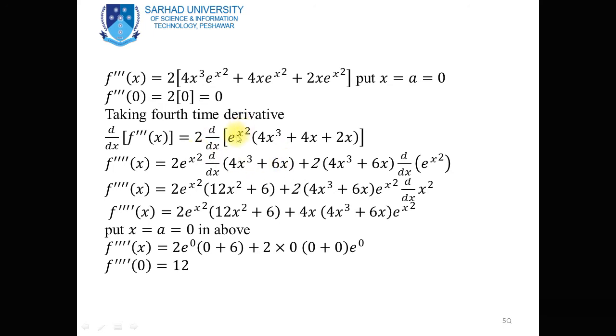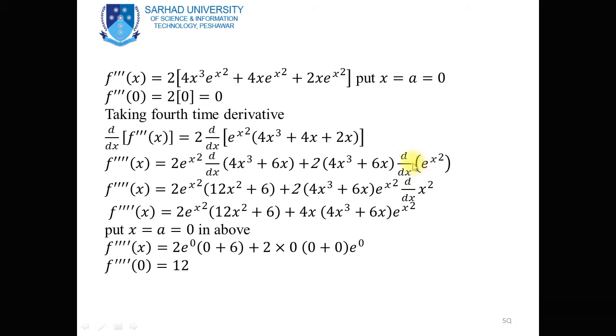So e power x square as it is, and taking the derivative of the second function, plus this 2 is as it is, and the second function is as it is, and taking the derivative of the first function, which is equal to e power x square.